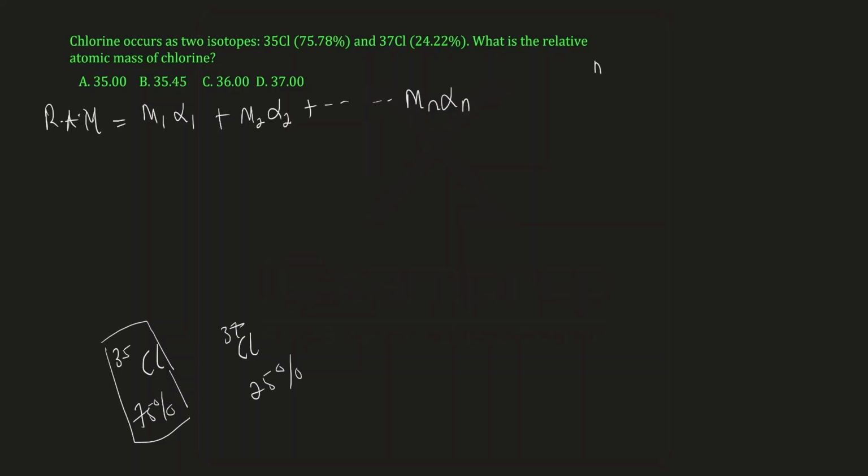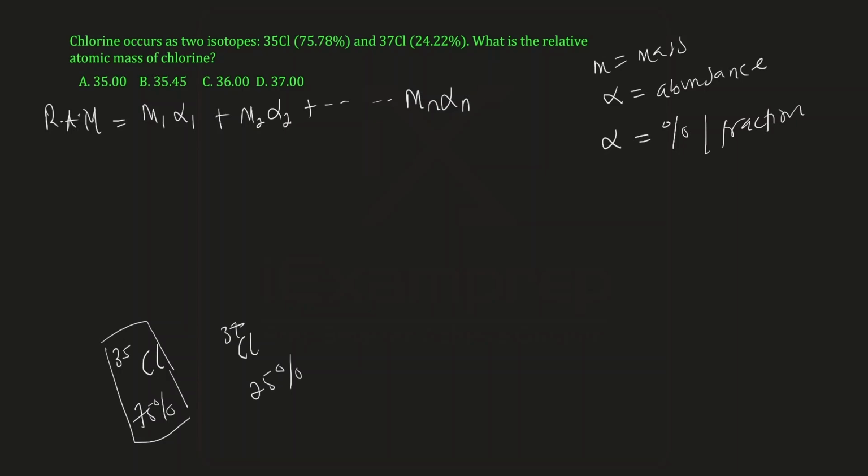Here M is the mass of each isotope and this alpha represents abundance. Let me say emphatically that abundance can be expressed either in percentage or at times as a fraction. So depending on what the question gives you, that is how you are going to tackle it.